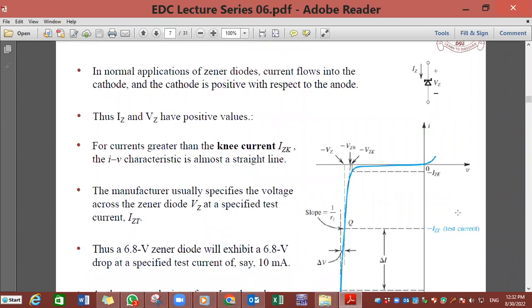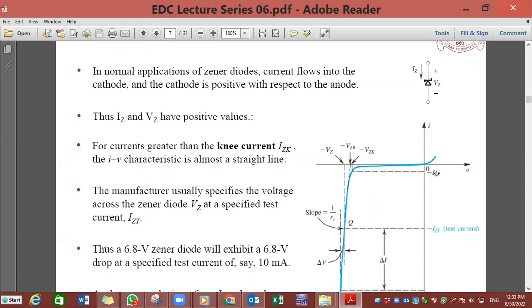So what are those points? The main point is that IZK is the minimum current that a Zener diode should pass to regulate the voltage.